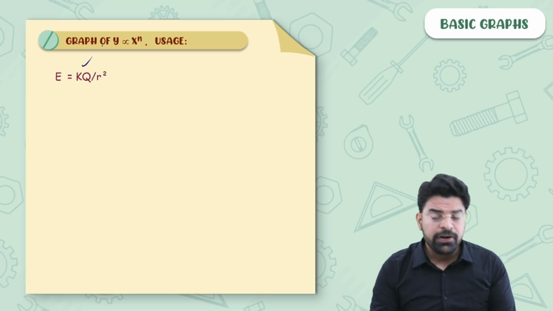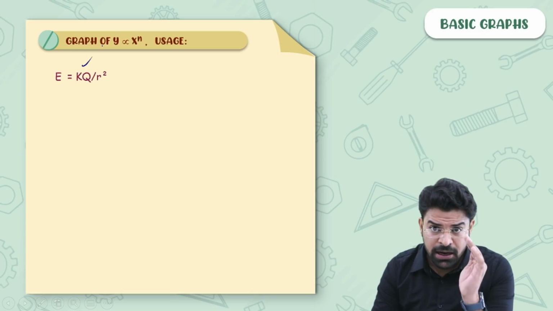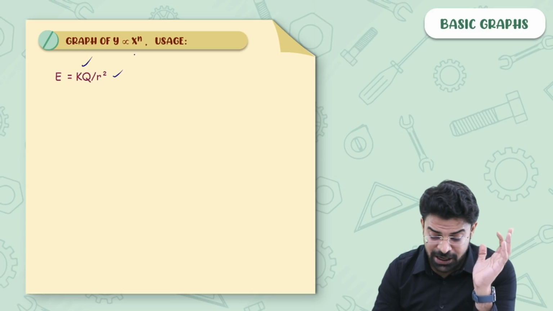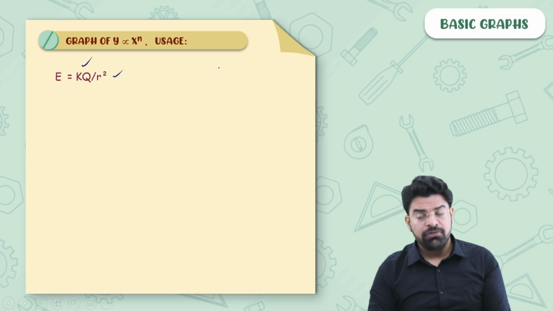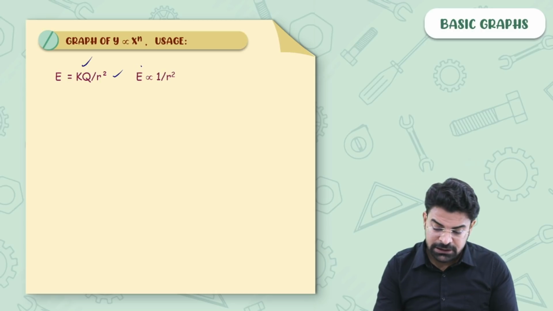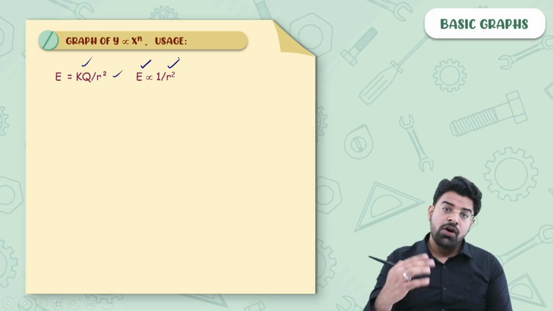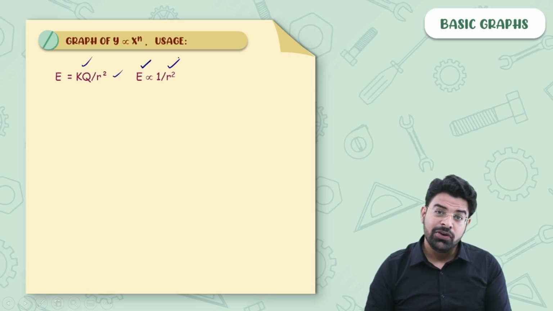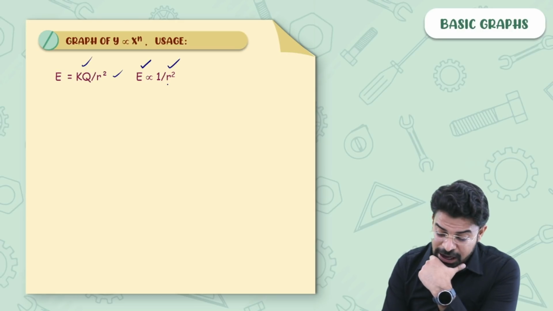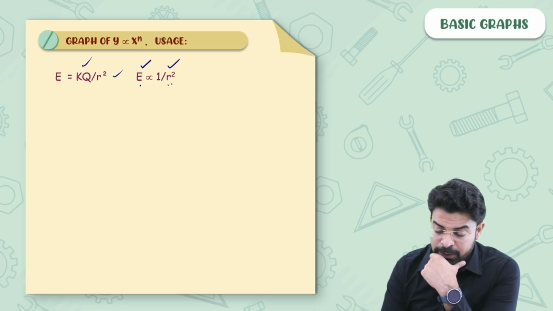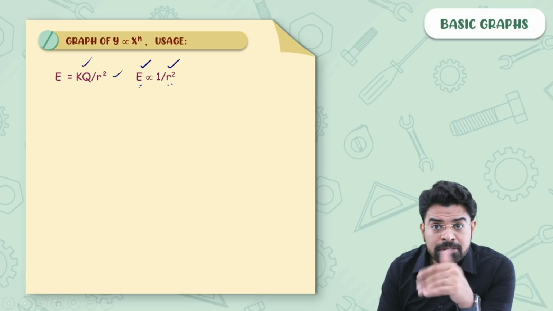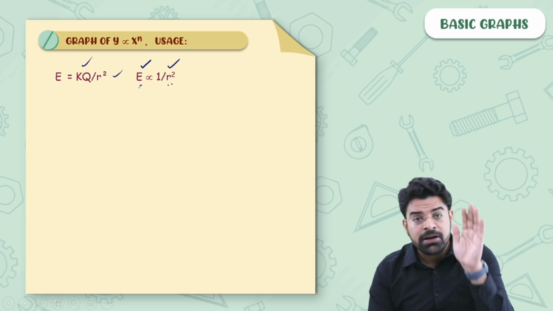The electric field produced by a charge q at distance r is given by kq by r square. What is the graph of E versus r? First thing first, the electric field produced by a charge is inversely proportional to the whole square of the distance from the charge. So E is proportional to 1 by r square. R becomes double, E becomes 1/4. R becomes triple, E becomes 1/9. R becomes 10 times, the field intensity becomes 1 by 100 times.